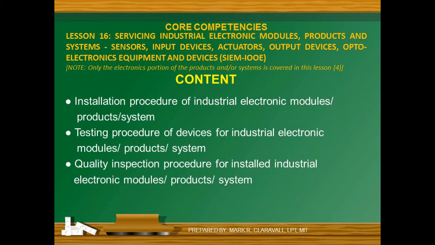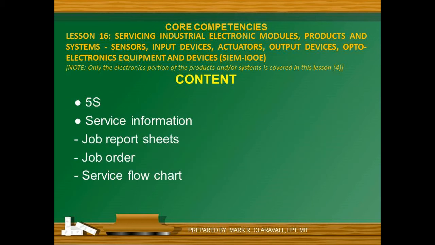Installation procedure of industrial electronic modules/products/system. Testing procedure of devices for industrial electronic modules/products/system. Quality inspection procedure for installed industrial electronic modules/products, system. 5S. Service information. Job report sheets. Job order. Service flow chart.